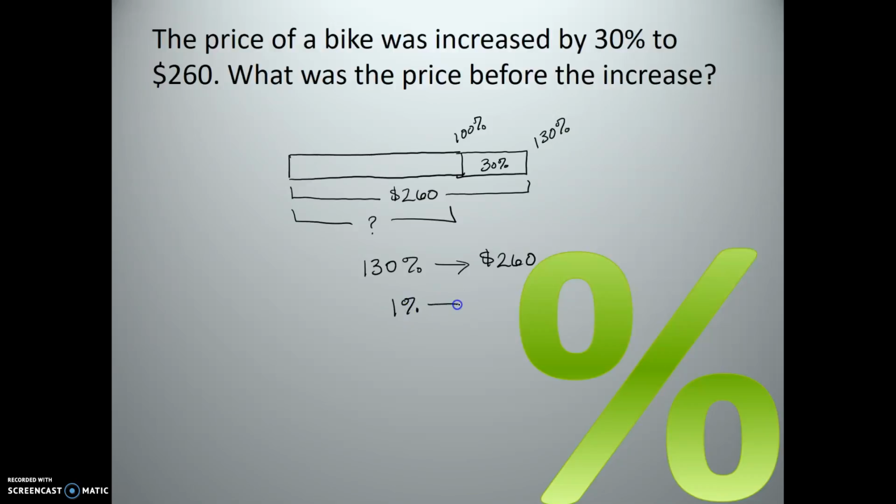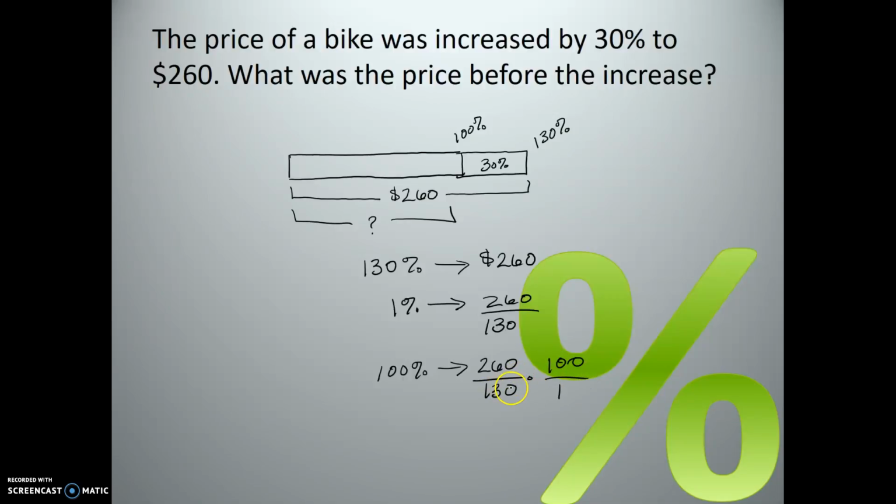So let's use unitary method, divide both sides by 130. And now let's multiply both sides by 100% because we're looking for the 100% price, right? We're looking for the original price. And we get 260 over 130 times 100 over 1.